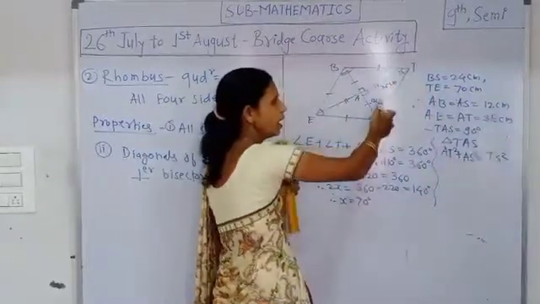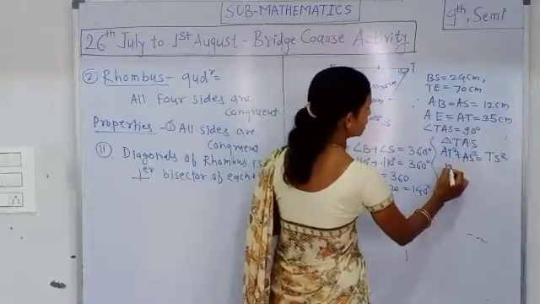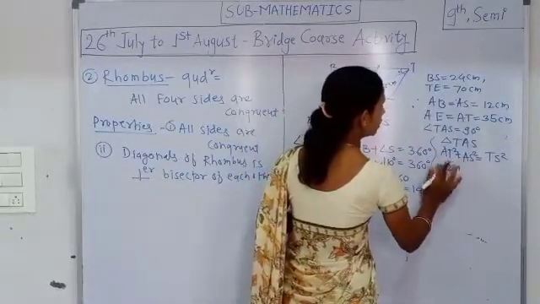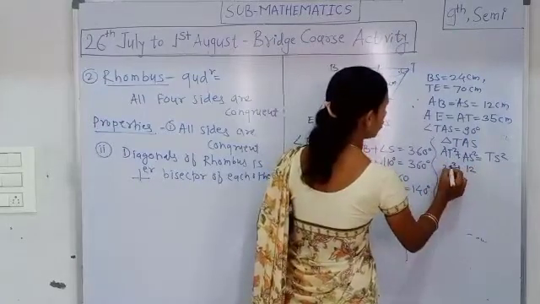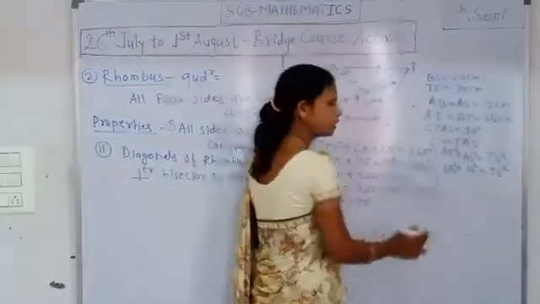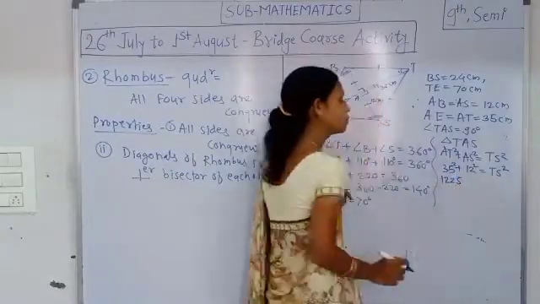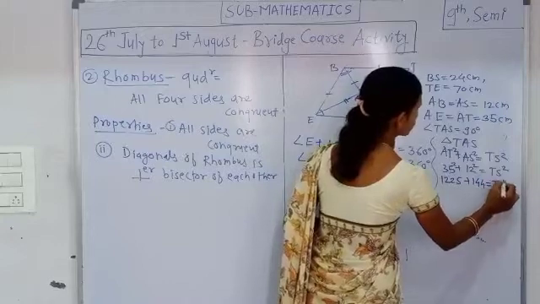TS is the hypotenuse of that right angle triangle. Therefore, 35 square plus 12 square is equal to TS square. Then 1225 plus 144 is TS square.